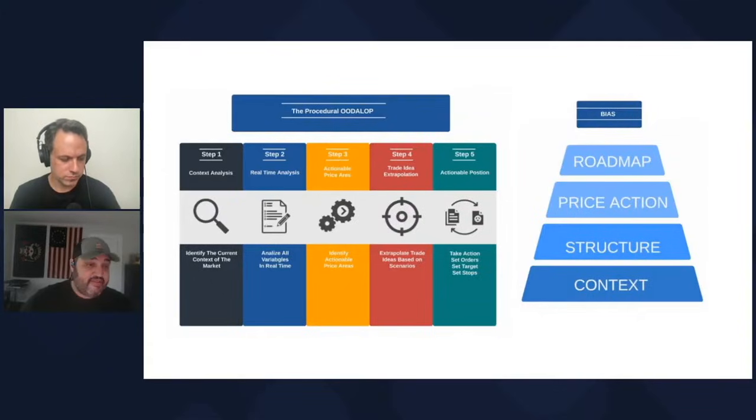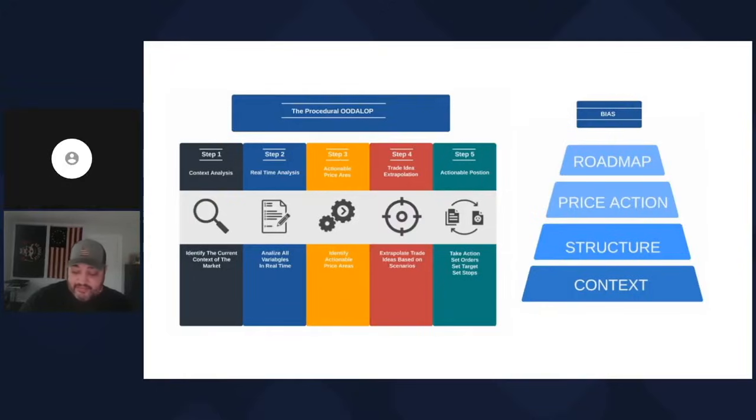So we derived a roadmap from that context, structure, and price action in order to derive our ultimate bias. In terms of the cognitive steps we go through, step one is context analysis. We identify the current context, and context is not just trend, it's trend, sentiment, market strength, multi-time frame analysis.